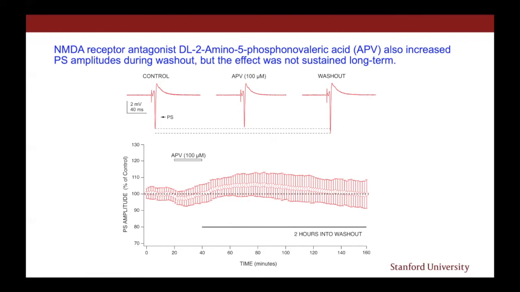However, this increase during washout was not sustained as long as that produced by ketamine, with population spike amplitudes decreasing back to baseline by approximately an hour and 50 minutes into washout.